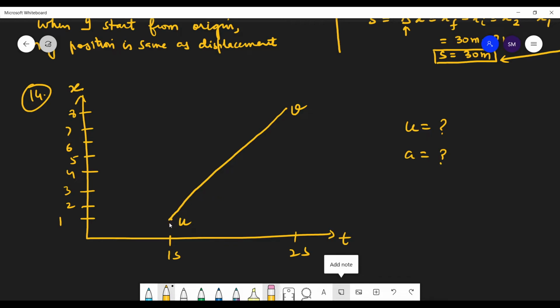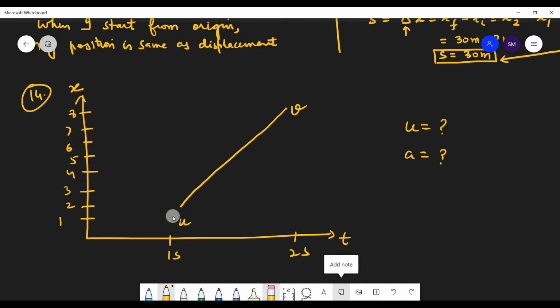Student, this graph is not actually drawn appropriately. Initial velocity is how much displacement there is per second.